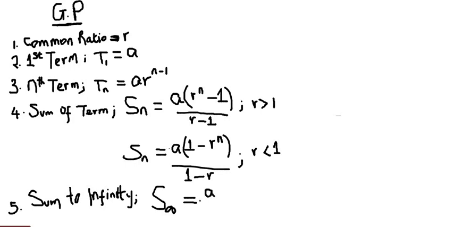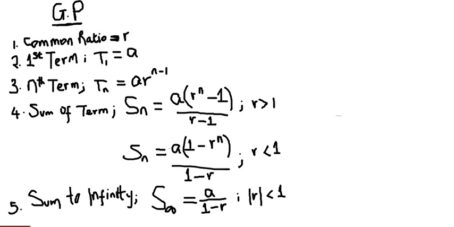The numerator will be just the first term, and then the denominator will be the difference of 1 and the common ratio. So this is strictly for situations where r is very small, and we are considering the infinity value. So these are the important components of the GP.